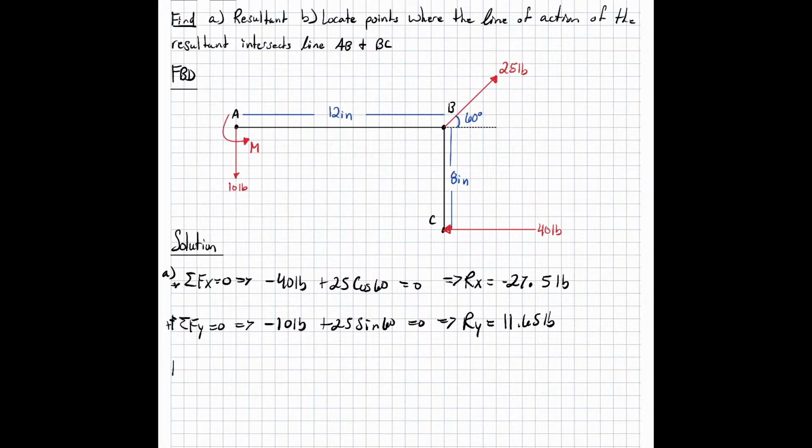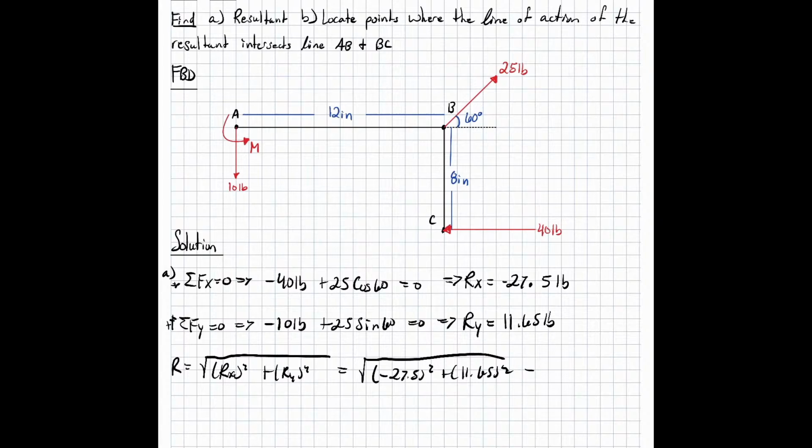Now we can find the resultant as the square root of Rx squared plus Ry squared. We get negative 27.5 squared plus 11.65 squared, which comes out to 29.9 pounds.